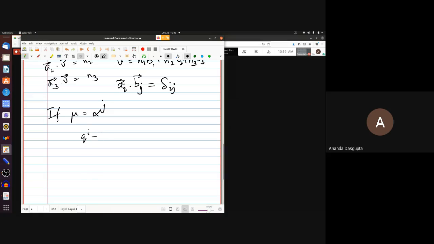Then Qi minus Pi, these values will simply be twice alpha i dot alpha j by alpha i square. Of course, this is the Qi minus Pi for shifting the E alpha j along alpha i, right?